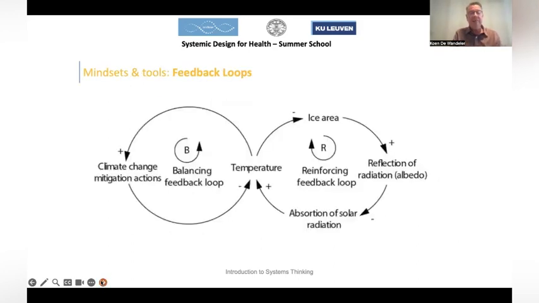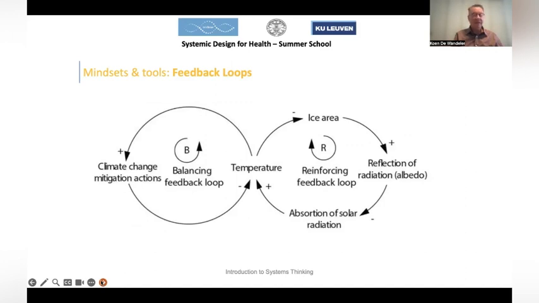But not only do we see stocks and flows, we also see feedback loops. Now, I give you this example, which is very easy to understand. We all know that temperatures are rising, and that we try to limit the rising of this temperature.